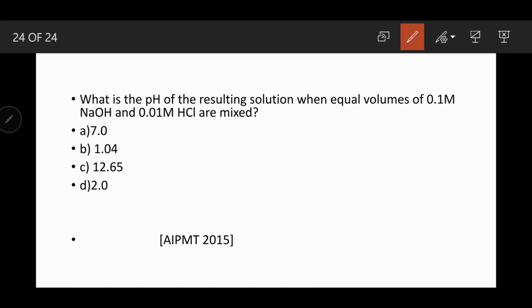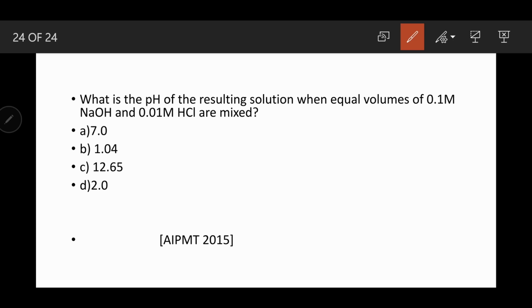Here we have a question that was asked in the year 2015 in AIPMT. What is the pH of the resulting solution when equal volumes of 0.1 M NaOH and 0.01 M HCl are mixed? Now the options are given below.